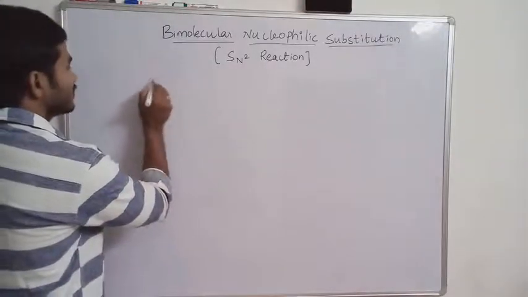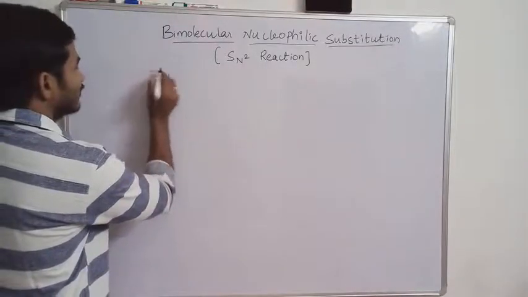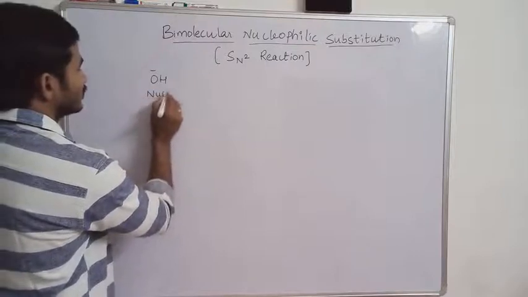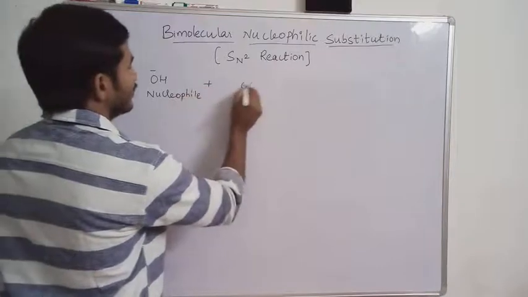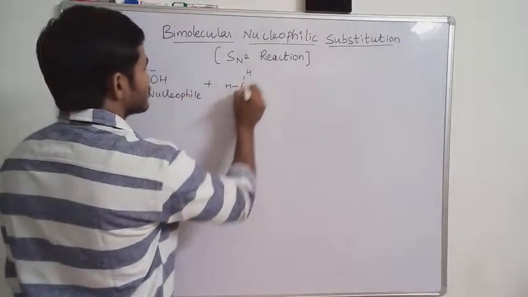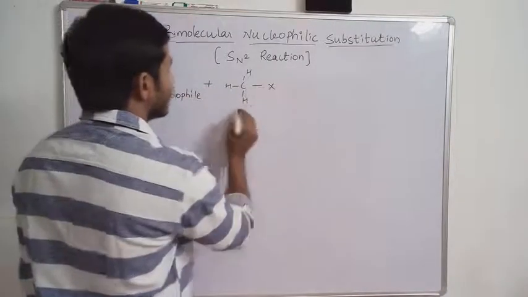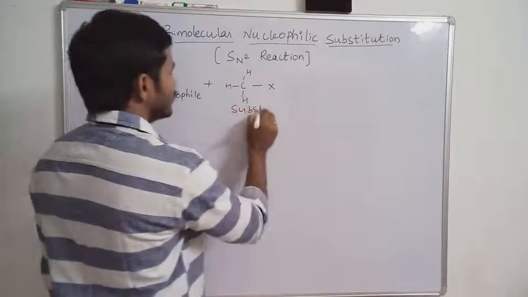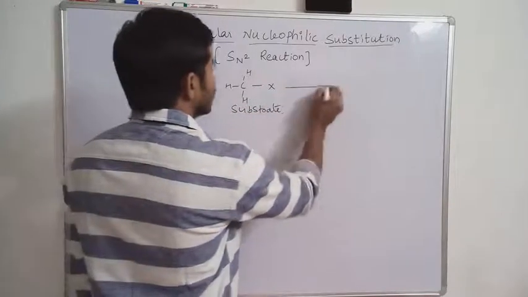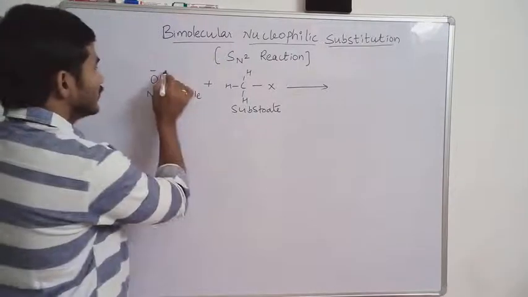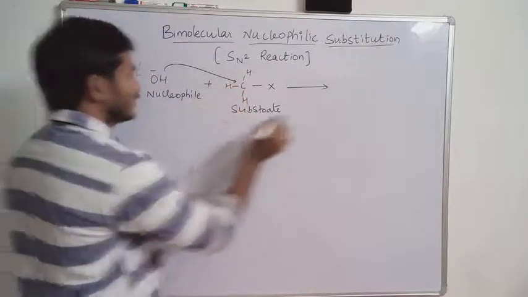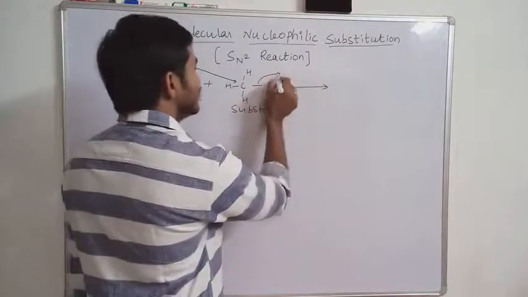Basically, I will take a general substitution reaction here. I will take one nucleophile. Whenever this nucleophile reacts with one substrate, here I am taking the alkyl halide, this is said to be the substrate. On treating these two together, this OH minus attacks here and this X is eliminated.